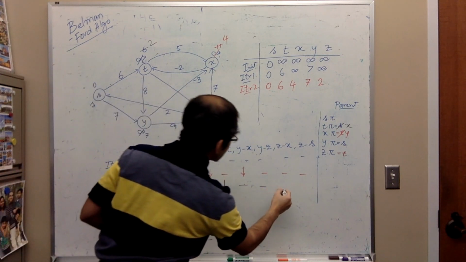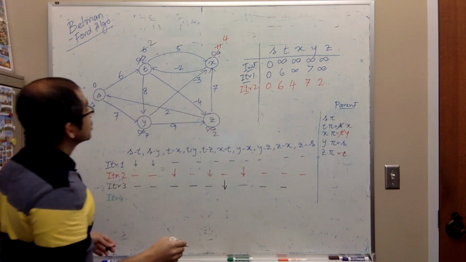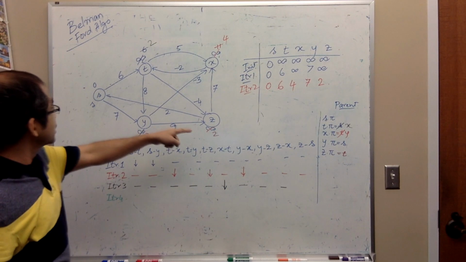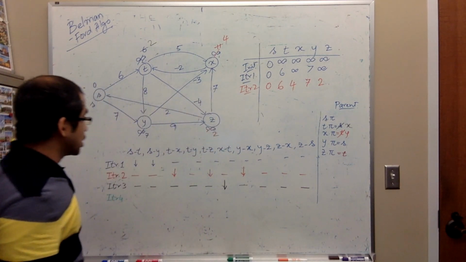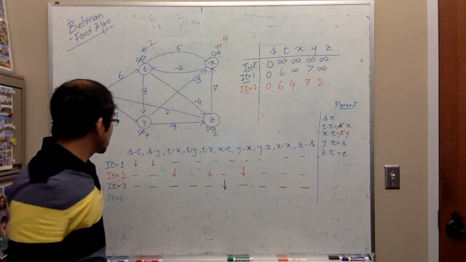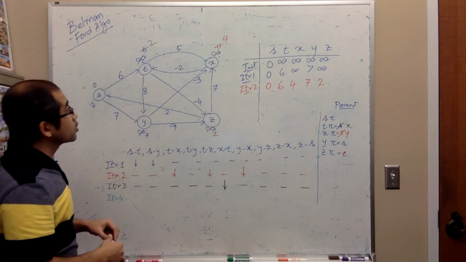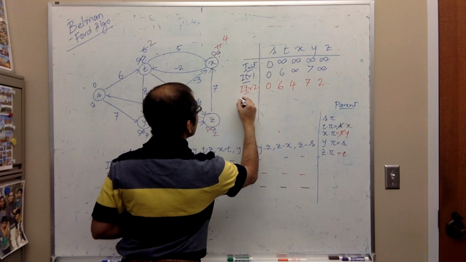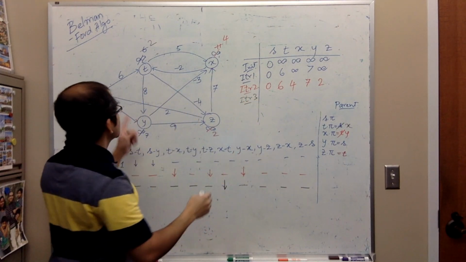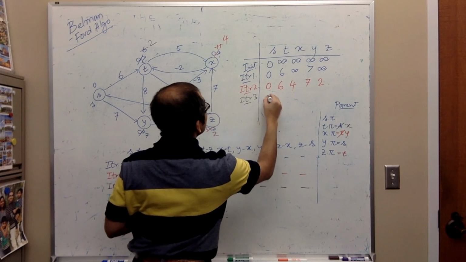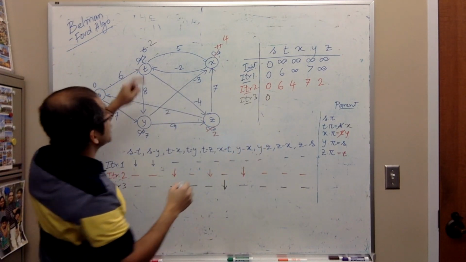We have a 4, which is cheaper, nothing to do. Z to S is 2 plus 2, nothing to do here. So we have only one change. Sorry, I forgot to write this one. Iteration 3 distance estimates: S is 0, T is 2.